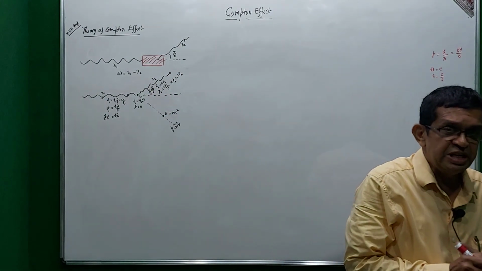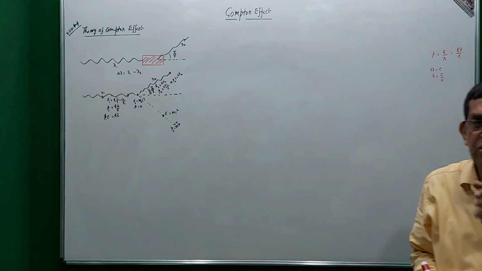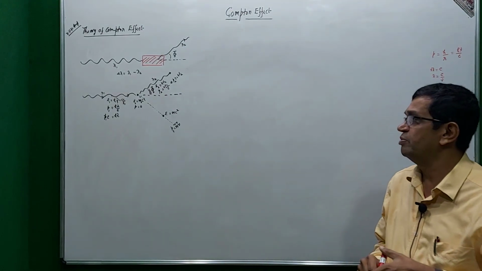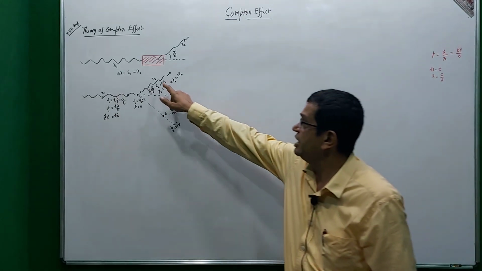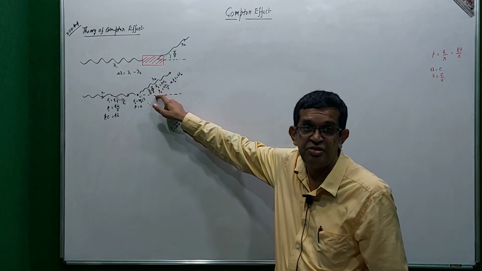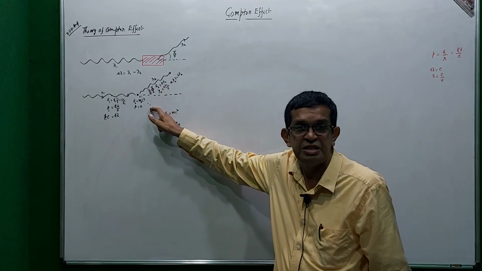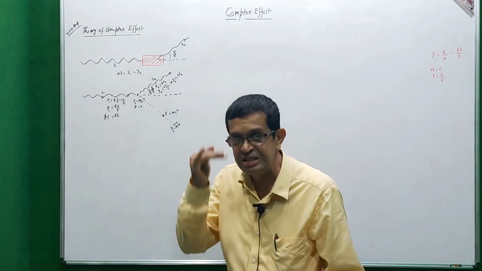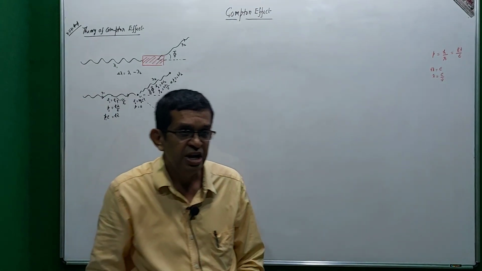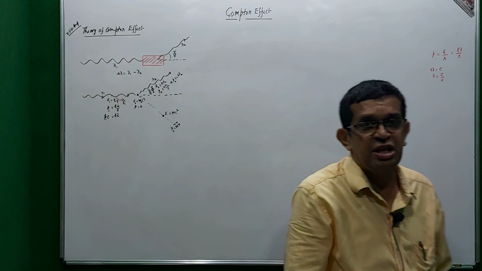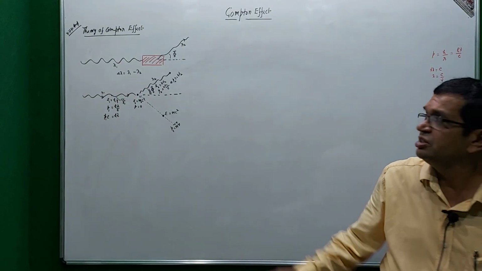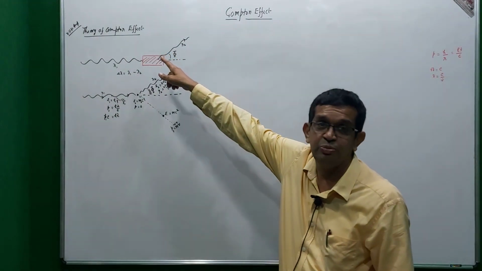Now in the whole process, the electron takes some amount of energy from the photon. That is why the scattered photon has lesser energy. If the energy is lesser, what happens to the frequency? The frequency decreases and the wavelength naturally increases. Consequently, the wavelength increases, which is nothing but what we call the Compton effect.